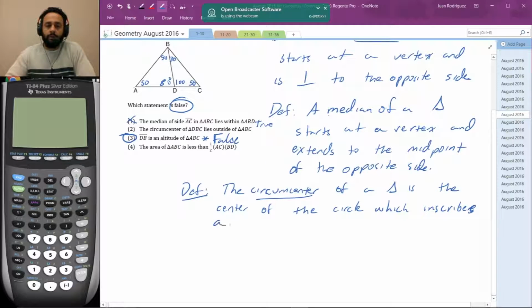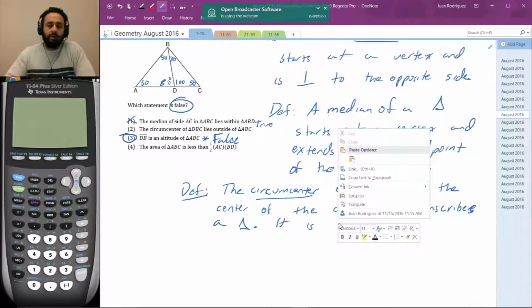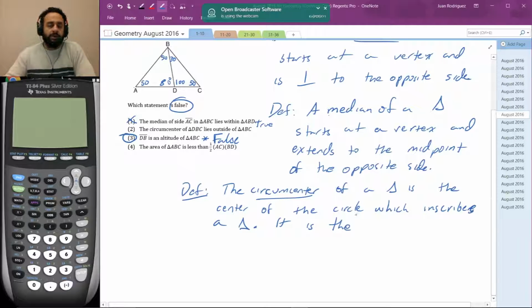Now you may have learned a different definition because there's a theorem about the circumcenter. It is, as a result, the intersection of the perpendicular bisectors of a triangle.